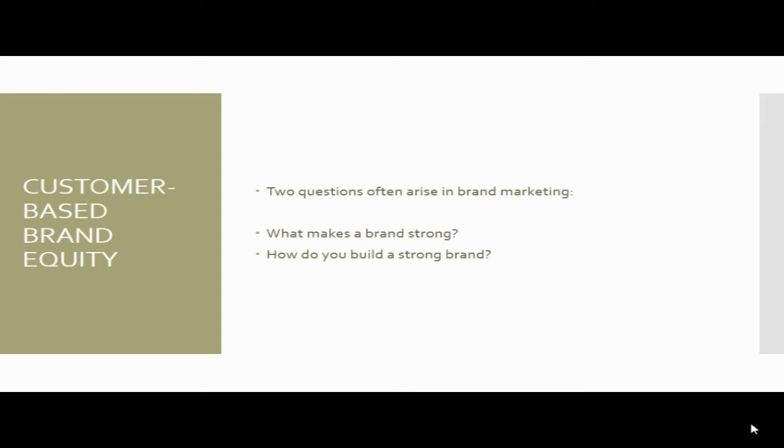Customer-based brand equity. We have seen in the previous chapter, after learning the basics about strategic brand management, two questions often arise in the mind. What makes a brand strong, and how do you build a strong brand? To aid that planning, three tools or models are helpful.